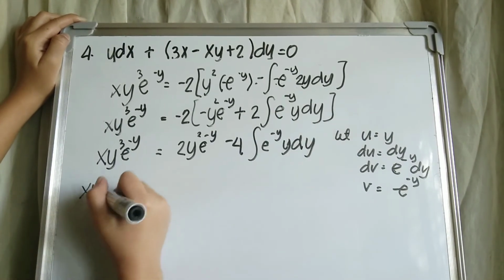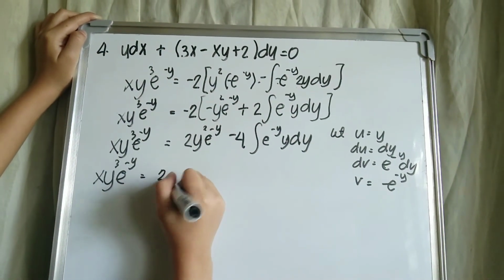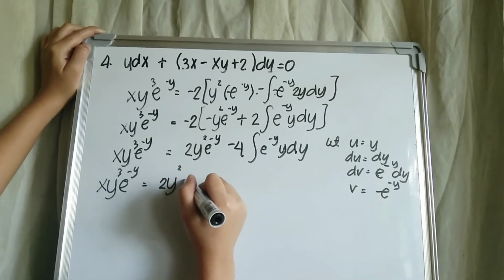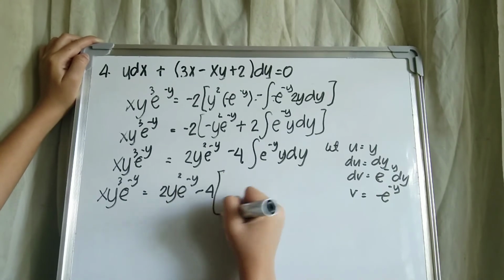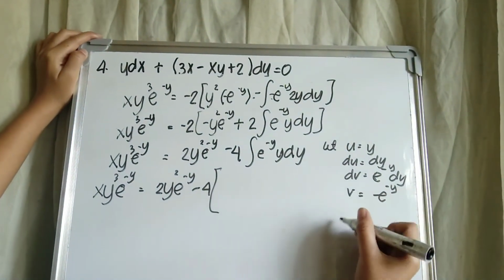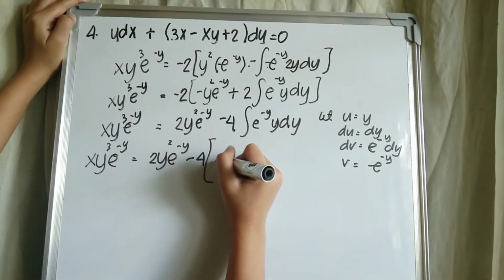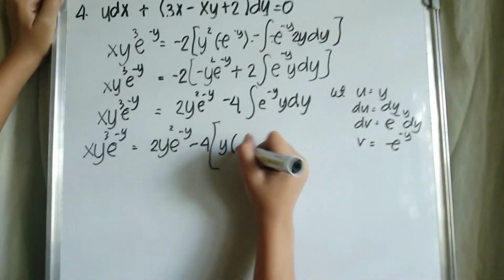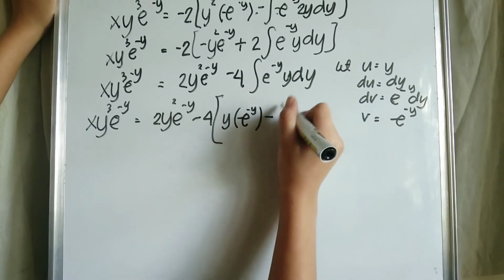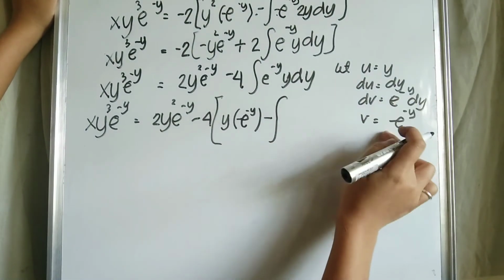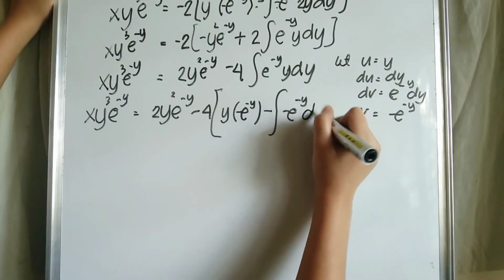So x y cubed times e raised to the power of negative y is equal to 2y squared times e raised to the power of negative y minus 4 times uv, where u is y and v is negative e raised to the power of negative y, minus v du, where v is negative e raised to the power of negative y and du is dy.